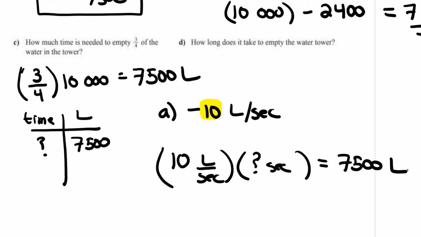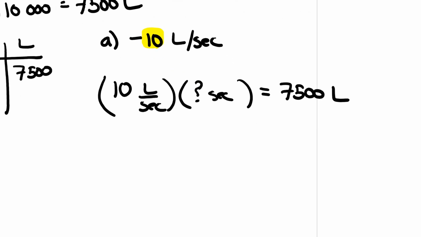That's the math problem you're essentially solving. If you're losing 10 liters per second, how many seconds do you need to get to 7,500 liters?